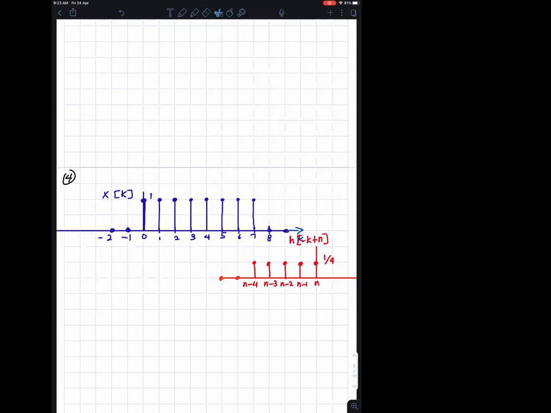But the last stage is when you align this. Let me clean up a little bit here.